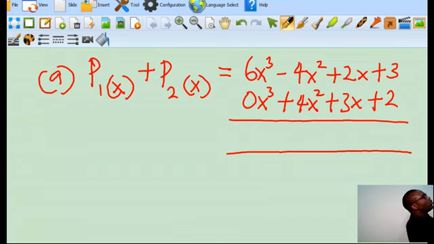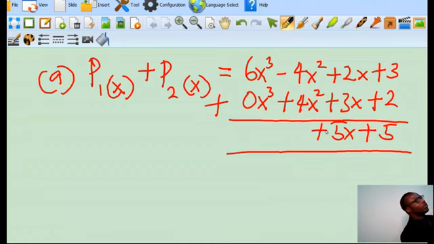3 plus 2, don't forget the plus sign here. 3 plus 2, that is 5, plus 2x plus 3x, that is 5x, then minus 4x squared plus 4x squared, that will be 0.